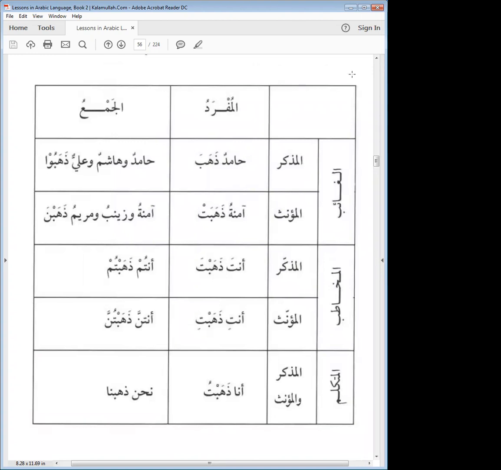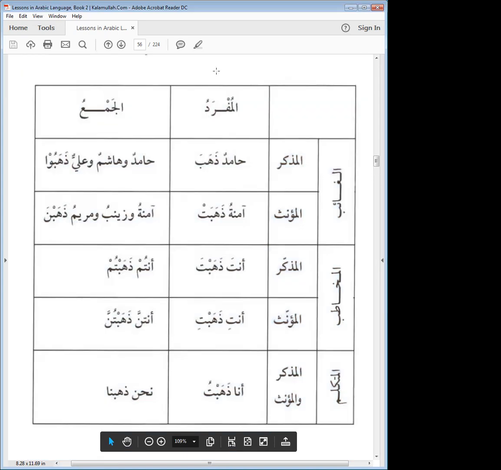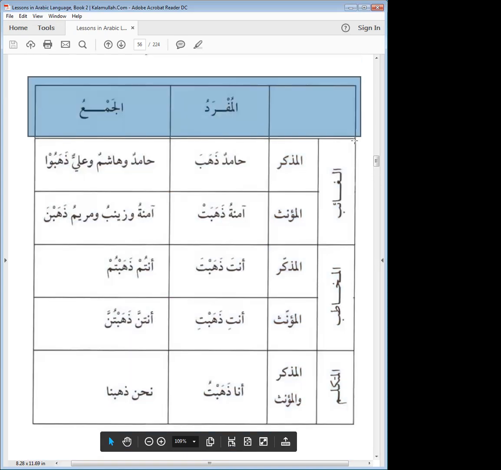Just to explain this table: the first column is the title column, telling you what the different categories are, and there is also a title row at the top. At the top we have al-mufradu and al-jam'u, singular and plural.